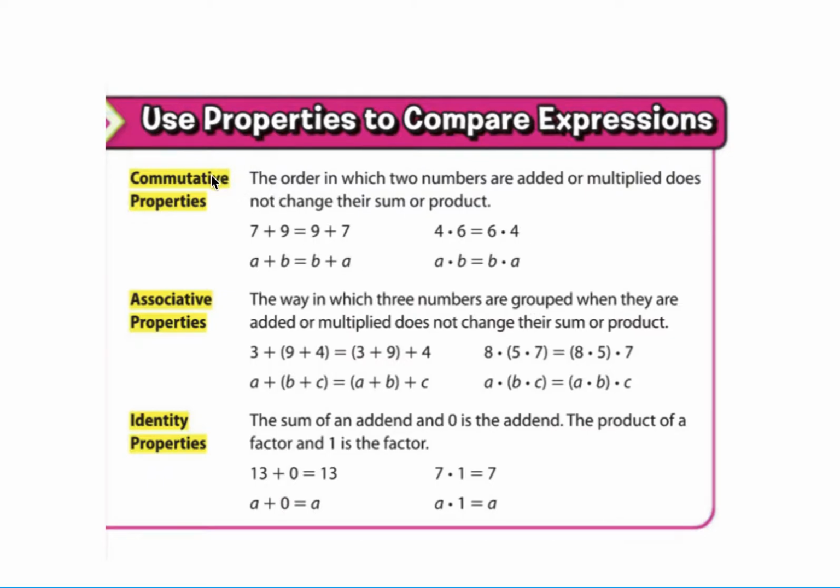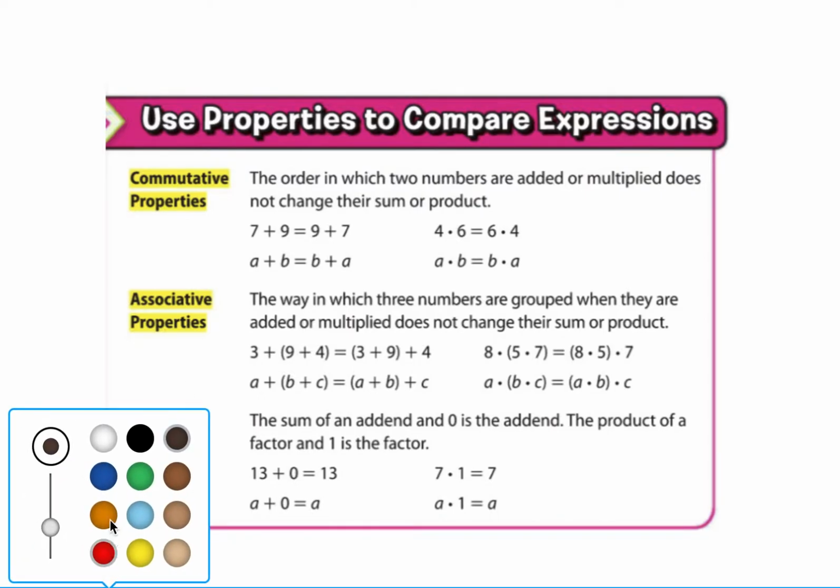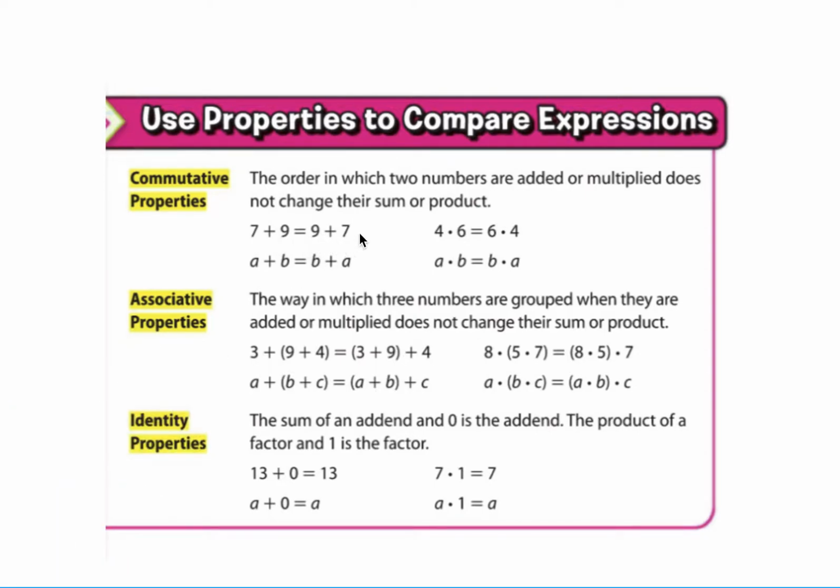For instance, commutative property. If you take a look here in commutative property, we have 7 plus 9 is equivalent to 9 plus 7. They actually end up being the exact same answer. Same as 4 times 6 and 6 times 4.